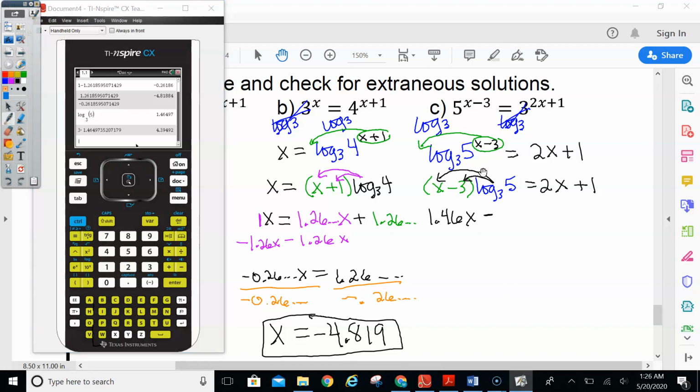So 3 times that number is going to give me 4.39. Now here I'm just writing 2 decimals, but I know in the calculator it's more than 2 decimals. Don't round it yet. You use the entire number in the calculator. Okay, so I'm going to take this 1.46 and subtract it from 2 over here.